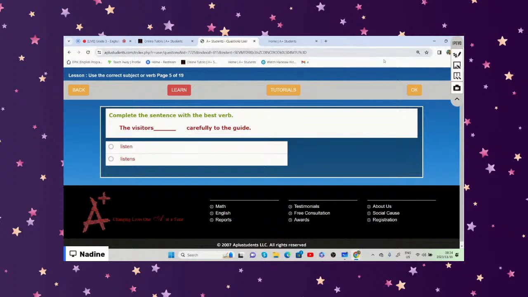And we will say that the visitors, they listen carefully to the guide. And we said the visitors, they listen carefully to the guide. So well done.